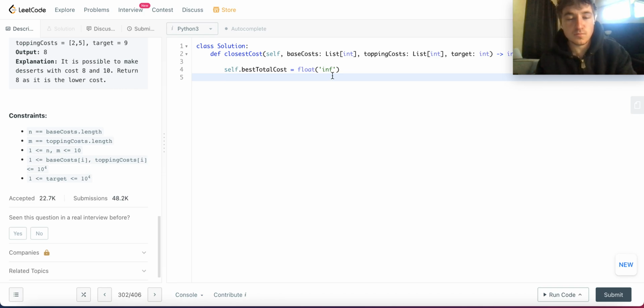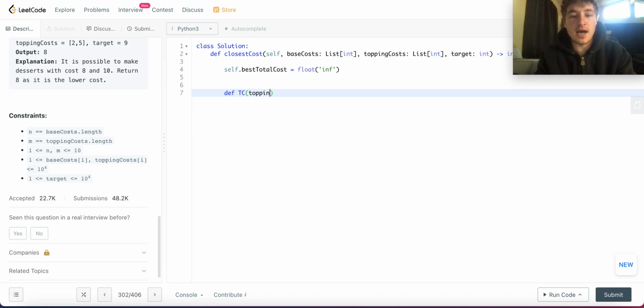Okay. And then what we'll do is we'll create a function called total cost, all right? And we'll look at the toppings index. Okay. And then we'll look at the cost that we've incurred so far.